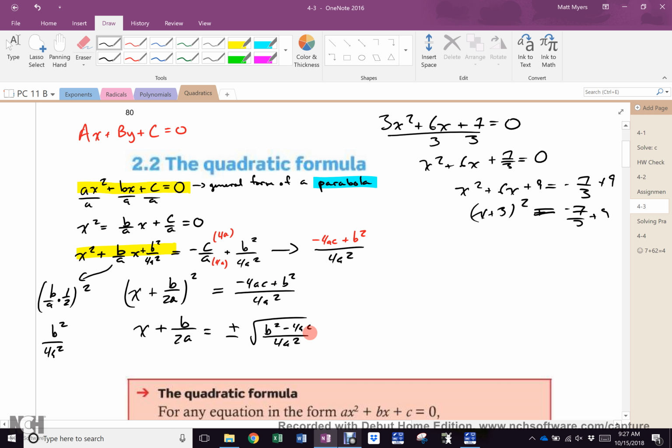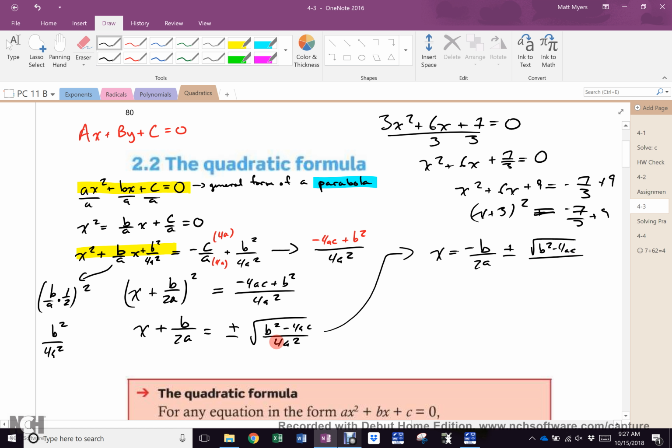Now what? We're trying to isolate x, so what's got to move now? X equals negative b over 2a plus or minus the square root of b squared minus 4ac.